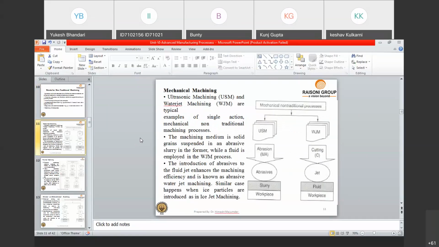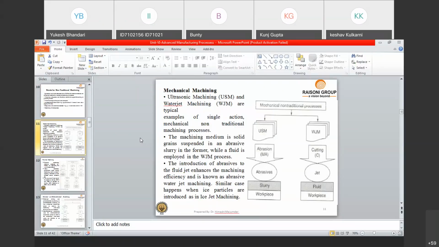Then, after classification, now slowly we will see different types of NTM processes. So first, let's continue with mechanical machining. Means those NTM processes where we use mechanical energy sources.